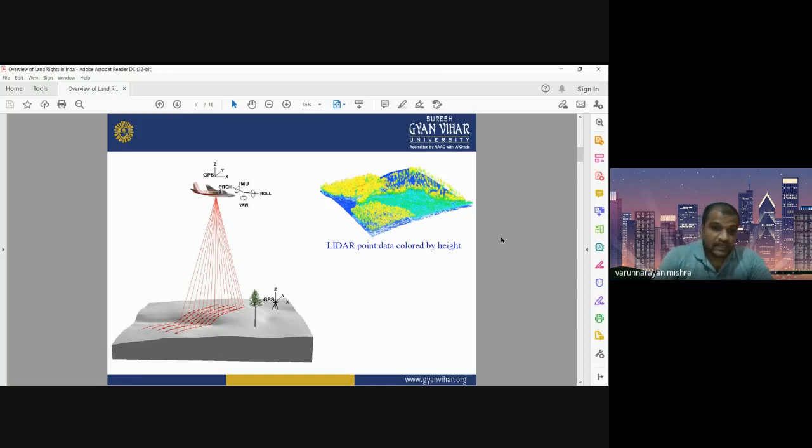IMU corrects the errors caused in the data set because of the rotation and movement of the flight, that is known as roll, yaw, and pitch. So roll, yaw, and pitch are basic types of movement that can be caused by the movement of the aircraft.